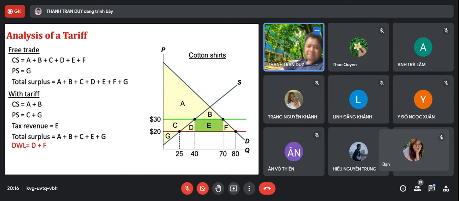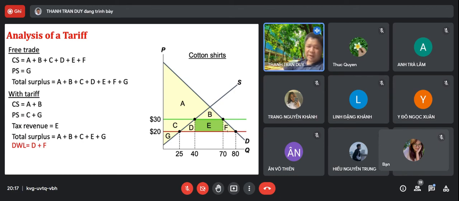Why? Now, D originally was consumer surplus, but now nobody gets it, and it becomes the cost of local firms. Therefore, they call this the deadweight loss caused by overproduction.